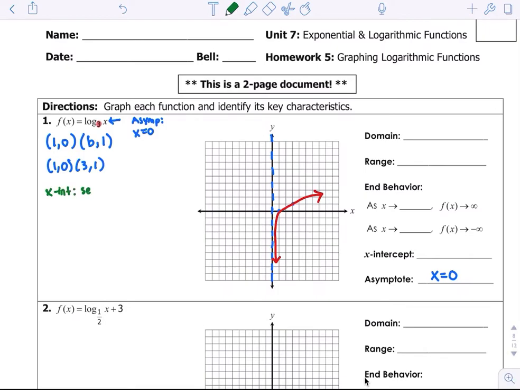You set f of x equal to 0, and you solve. So 0 equals log base 3 of x. Now make it into exponential form. So 3 to the 0 power is equal to x. 1 is equal to x. So 1 comma 0 is our x-intercept.